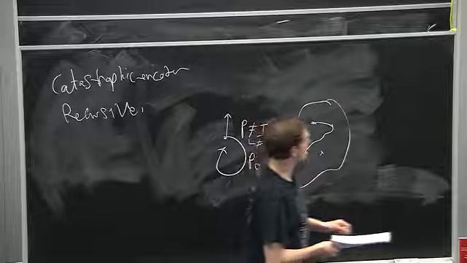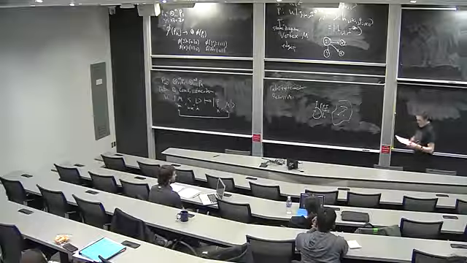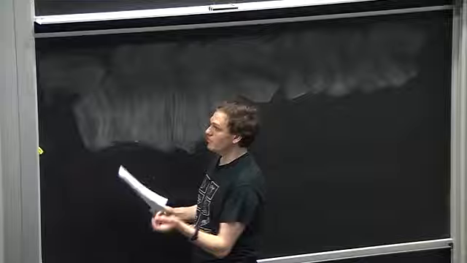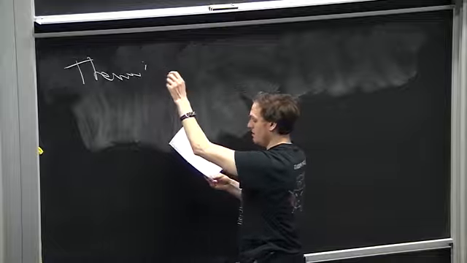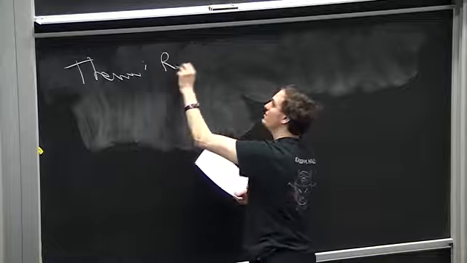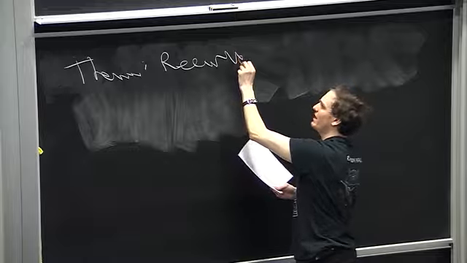So I guess at this point, I'll talk about catastrophic behavior. So the main theorem is that recursive quantum convolutional encoders are catastrophic.